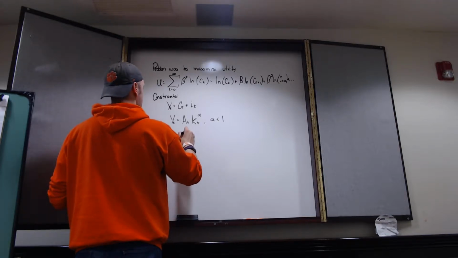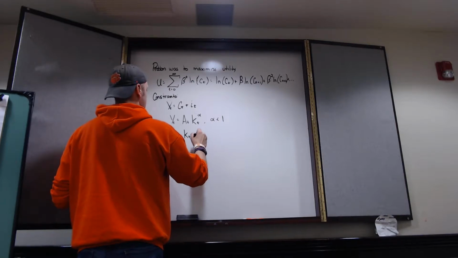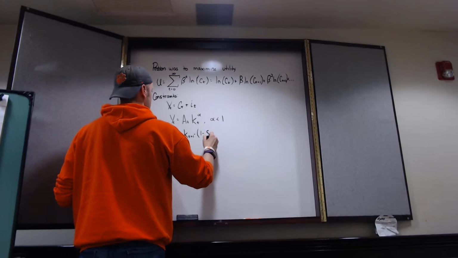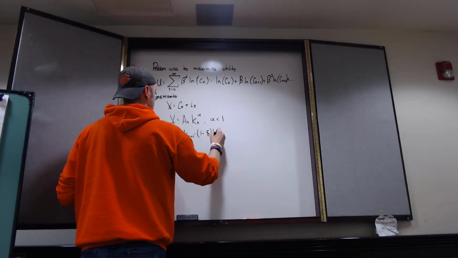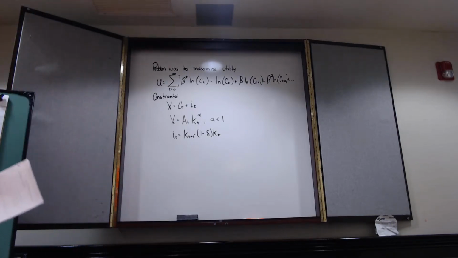We've also got a functional form for this I_t, which is referred to as the law of motion of capital, and it's the flow of capital over time less depreciation.